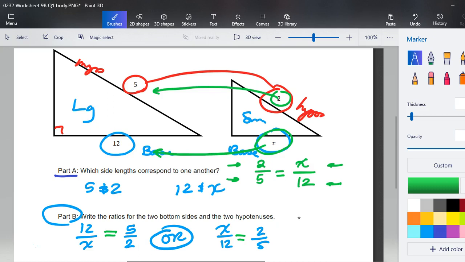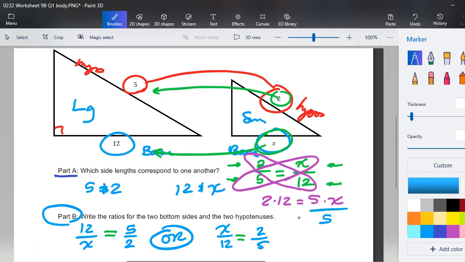To solve these, because we have one fraction equal to one fraction, we are allowed to multiply those parts together and set them equal to the other parts multiplied together.